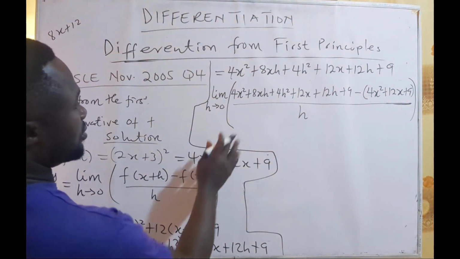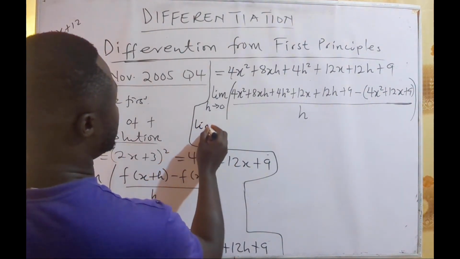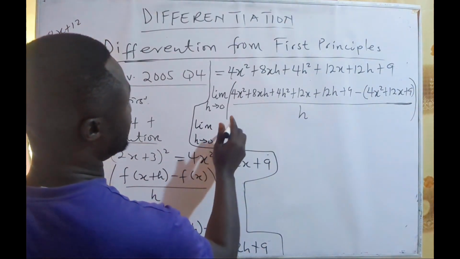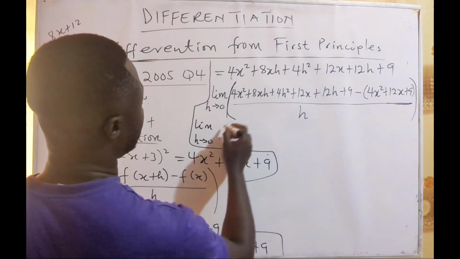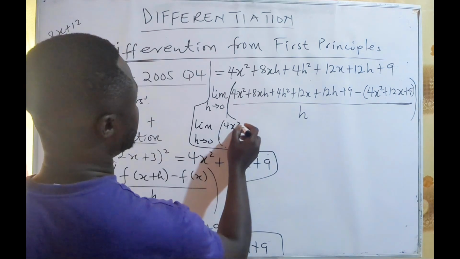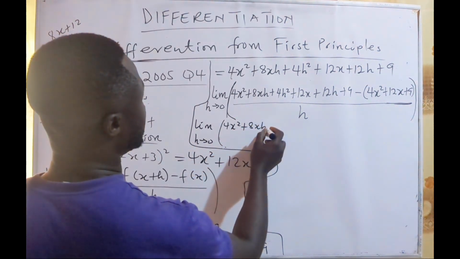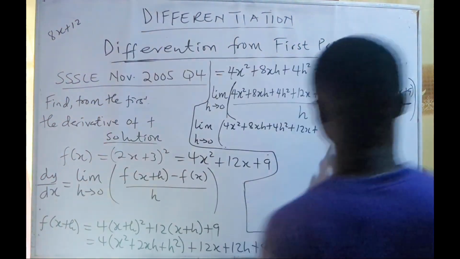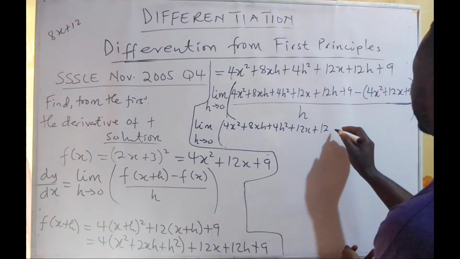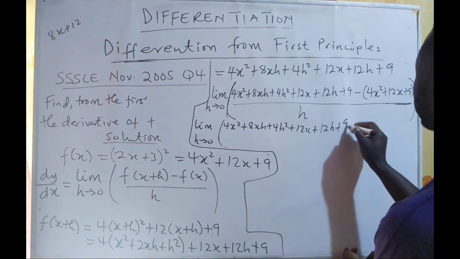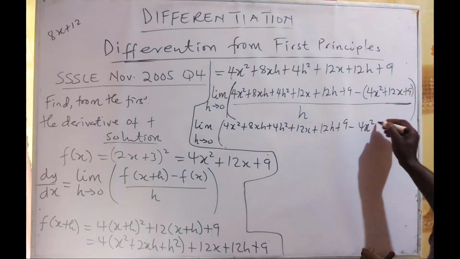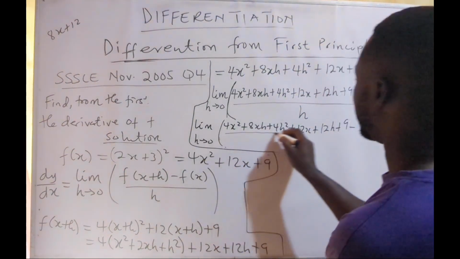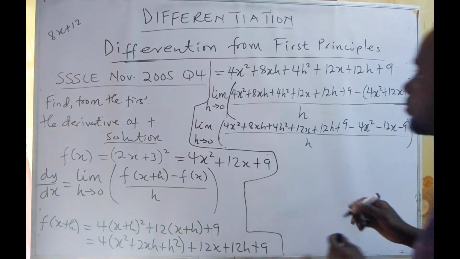So we are going to have the limit as h approaches 0 once again. 4s squared plus 8sh plus 4h squared plus 12s plus 12h plus 9 minus 4s squared minus 12x minus 9. Okay, all over our h.